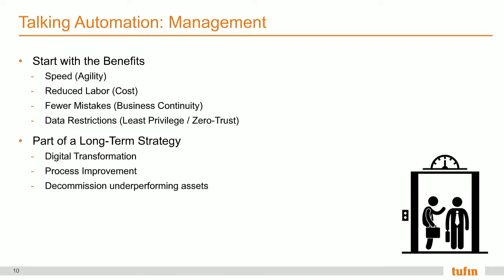Additionally, automation and orchestration can often be a front end to other software or other databases and so forth, giving you another layer of access and restriction or role-based access control, et cetera. And all this can be part of a zero trust or least privileged mentality if your organization is moving to that, and ideally that they are. Now, additionally, from a broader perspective, folks are often calling automation projects digital transformation.